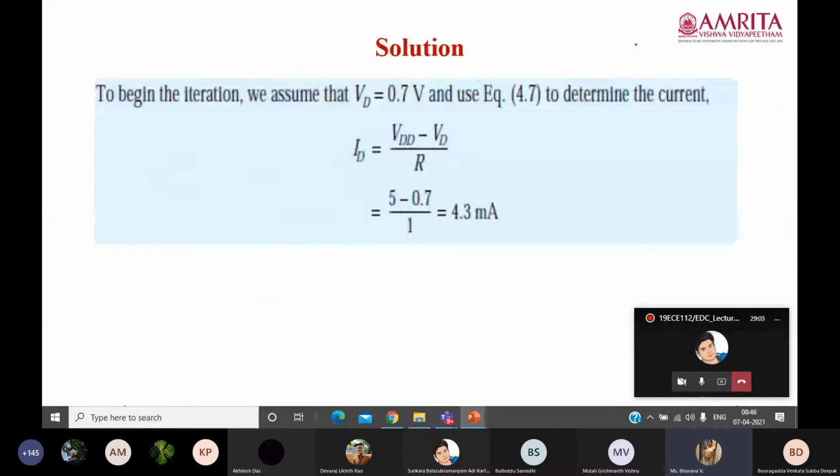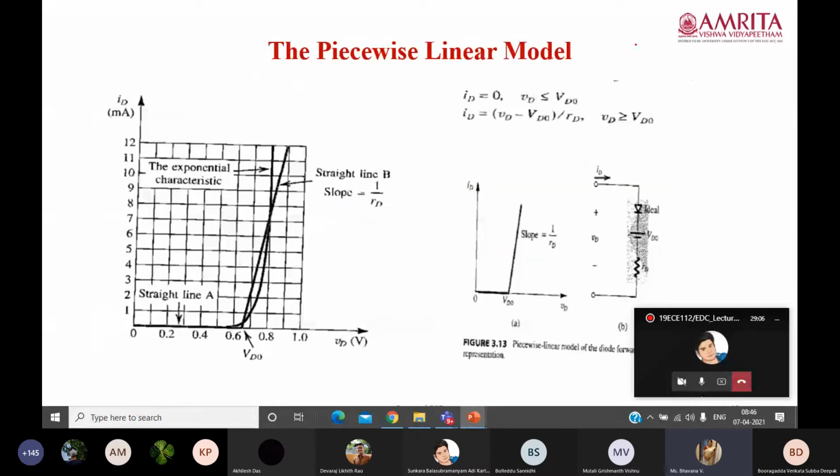In today's lecture, we'll do the next analysis. Take down the heading: piecewise linear model.